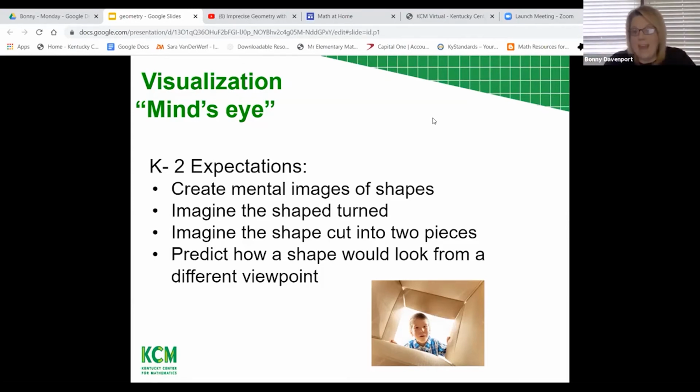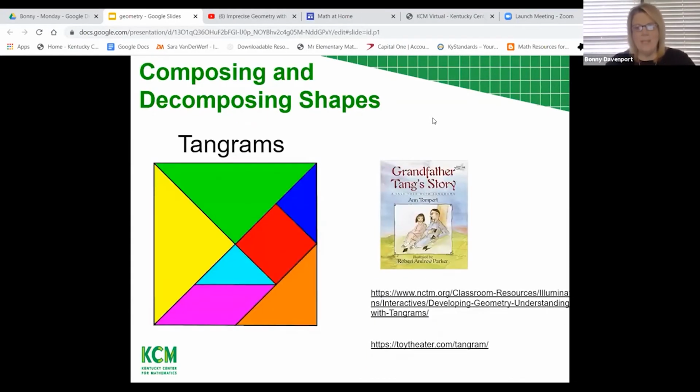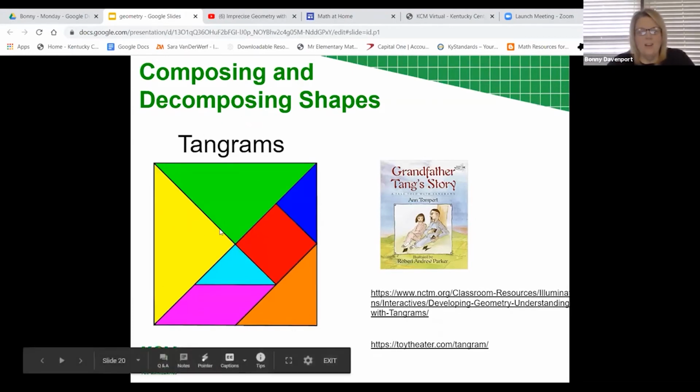So to be able to develop those skills that kids need in geometry, they need manipulatives, and they need to touch it, feel it, move it, and be able to manipulate and work with the shapes. And one of the manipulatives that I like to use are tangrams. You can see the tangram starts out as a large square, and it has these shapes inside of it that break apart and break off.